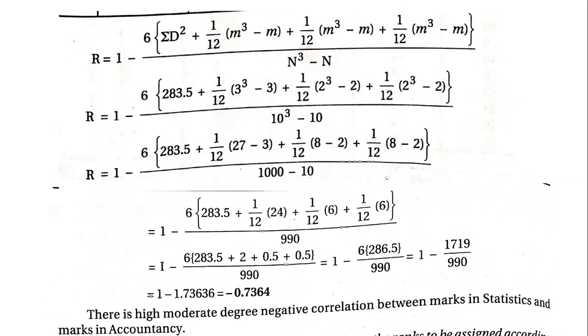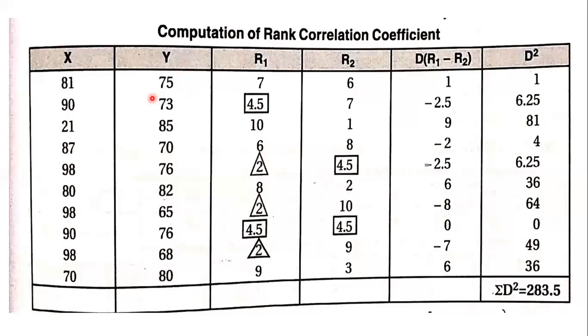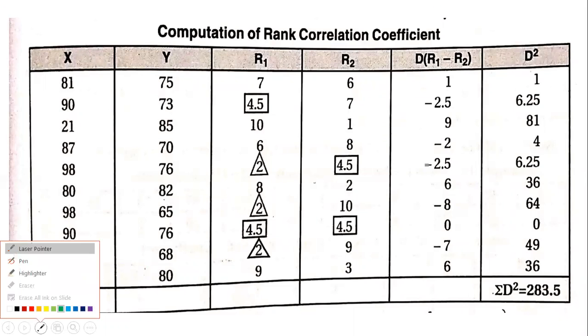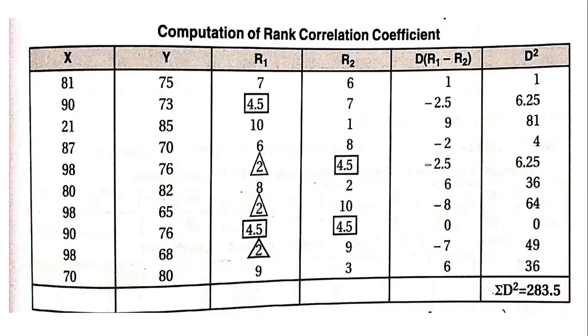Good. Now let us see what are the numbers which are repeated. If you see here, we have a few numbers which are repeated. That is, 98 is repeated 3 times.